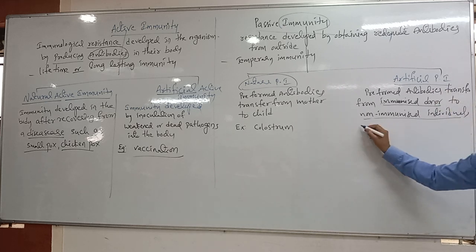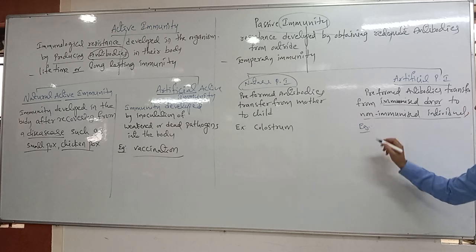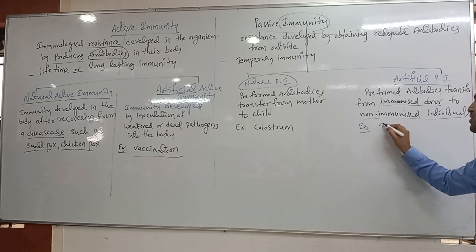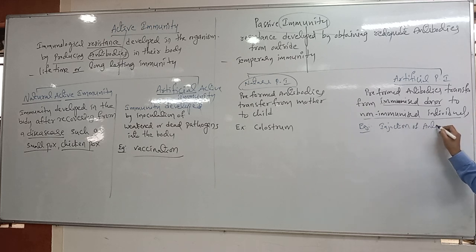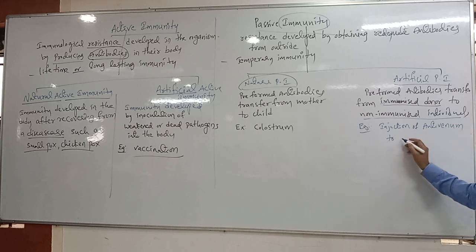And what is the best example for artificial? Very good. That is the injection of antivenom. Injection of antivenom to the person after a snake bite.